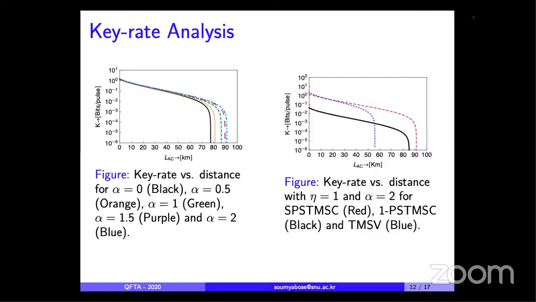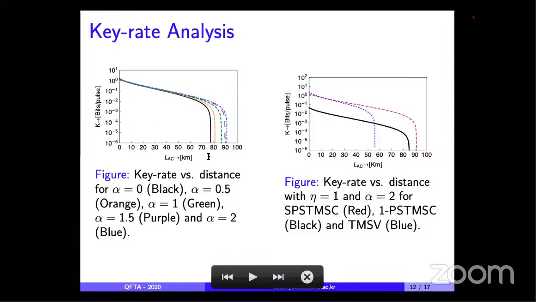Now coming back to these graphs, here we plot the key rate with transmission distance for different values of alpha. This black one is for alpha 0, like the two-mode squeeze vacuum, and this blue line is for alpha equals 2.